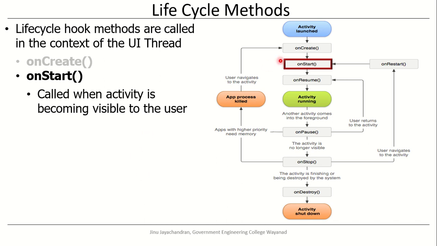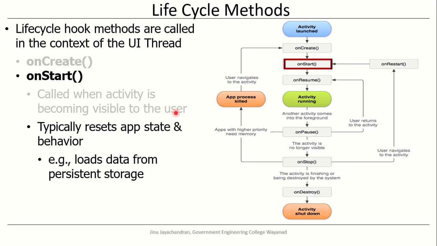Now let's say the user clicks the application. When the user clicks the application, it will go to the onStart state, so the Android operating system will call the onStart callback. When onStart is called, the activity becomes visible to the user.